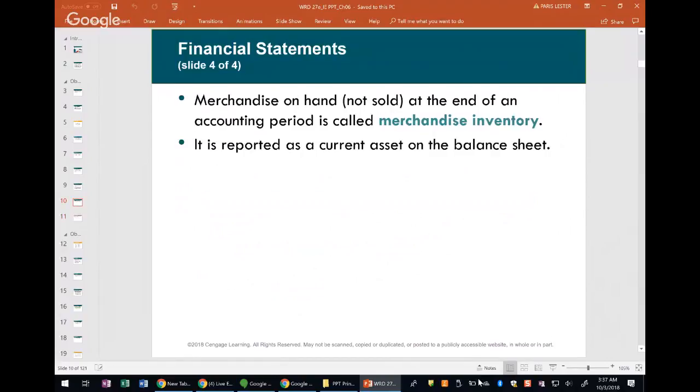Now, who has worked at a grocery store, a clothing store? Okay, you got merchandise, don't you? Now, what grocery store did you work at? Grant. Okay. Now, in merchandise business, you have a lot of shoplifting. Okay.